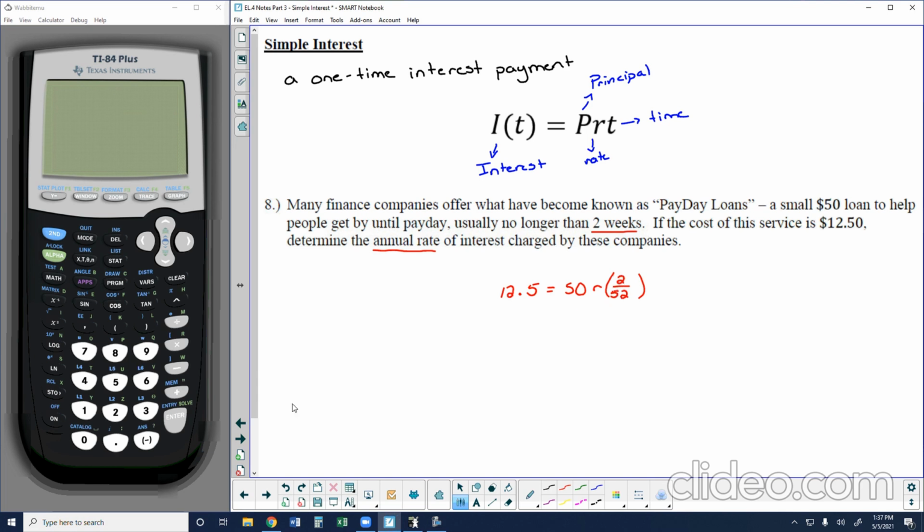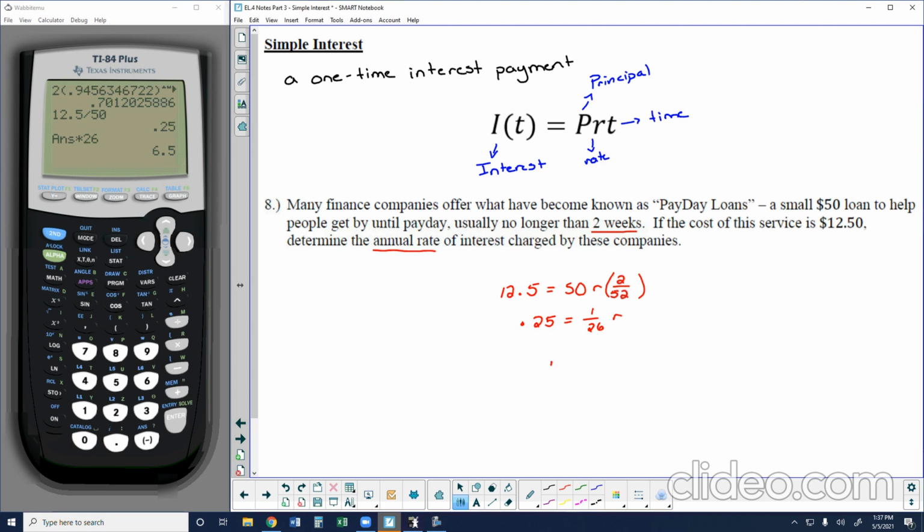Now I can solve this equation for R. Initially I would want to divide both sides by 50. So 12.5 divided by 50 I can do here in the calculator. That would give me 0.25 is equal to 2 over 52 times R. Let's simplify this as 1 over 26 times R. Then I would multiply both sides by 26.